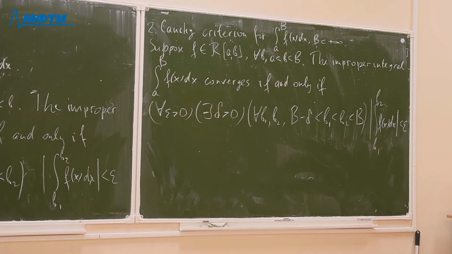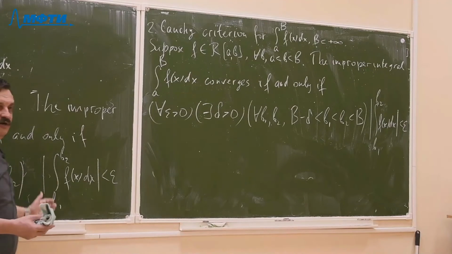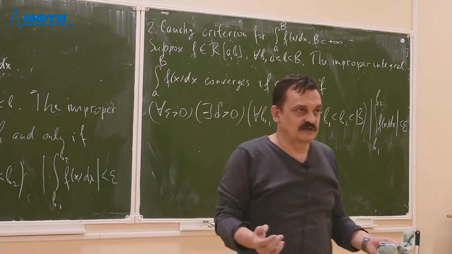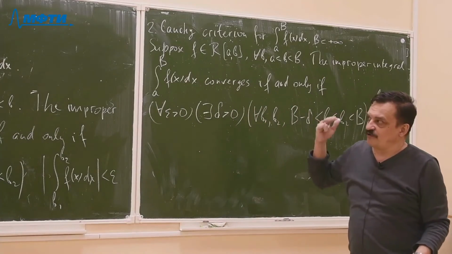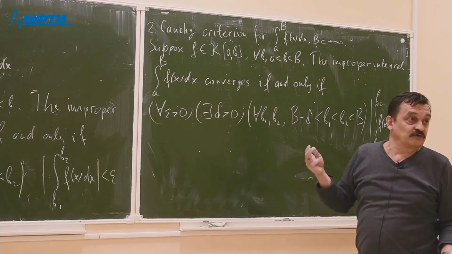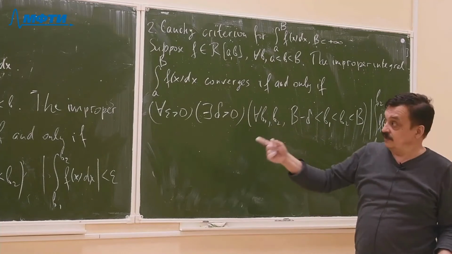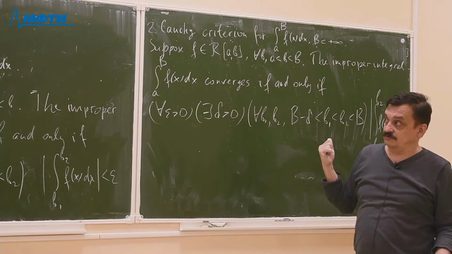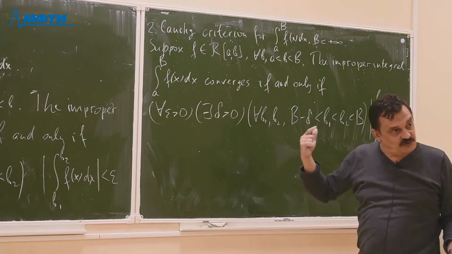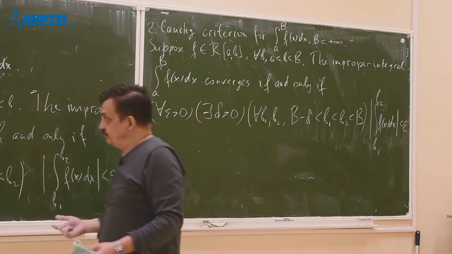Integral with variable upper limit is a function. So you consider the limit of a function, hence you apply the Cauchy criterion for the limit of a function, and then you need to take into account the additivity property of the integral. That's all. That is simply a reformulation of the Cauchy criterion for limits of functions. And now it gives an assertion about convergence of improper integrals. And how does it work?